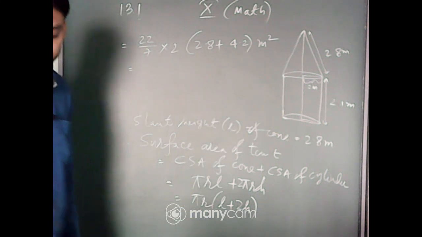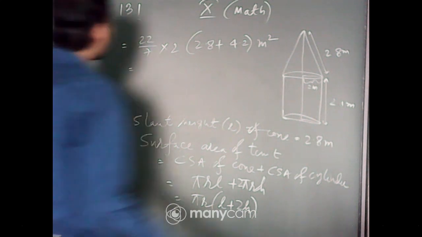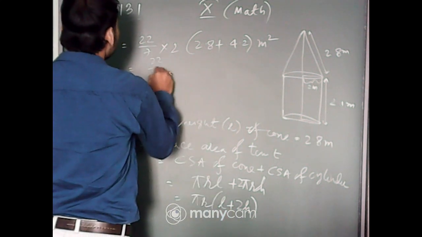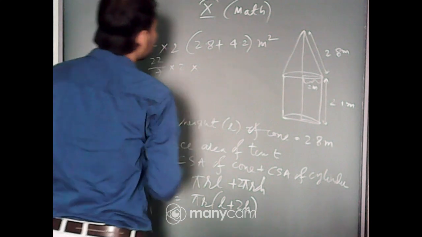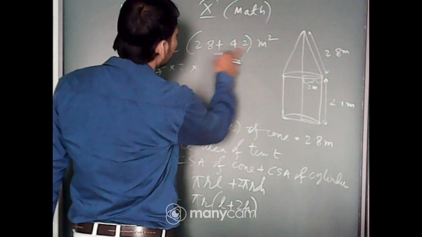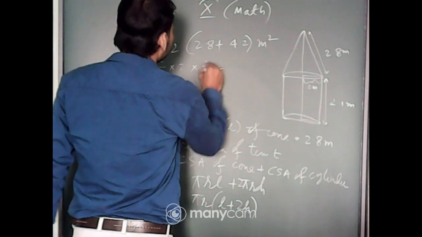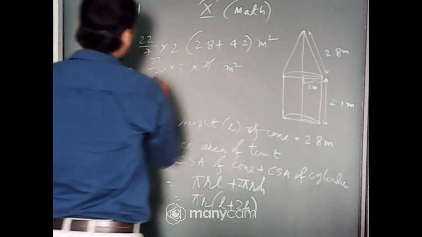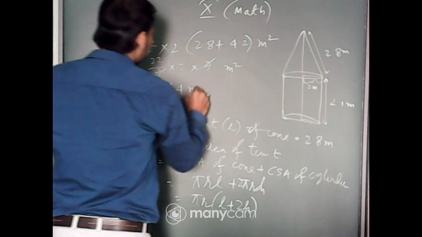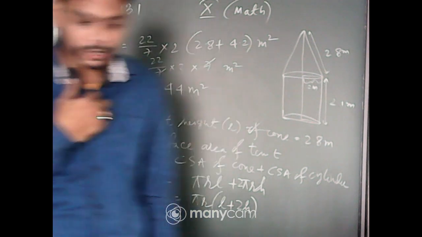So it will be 22 by 7 into 2 into 4.2 plus 2.8, that means 7 will cancel out. So 44 meters square. Yes, 44 meters square. Very good.